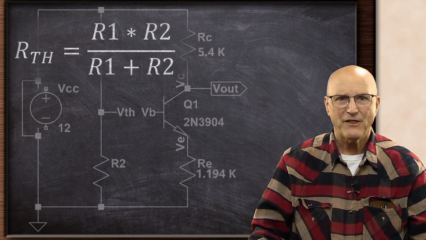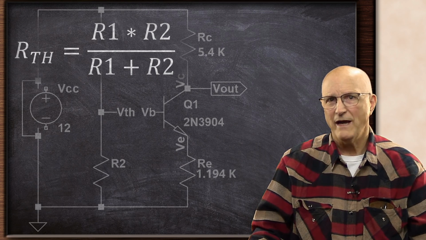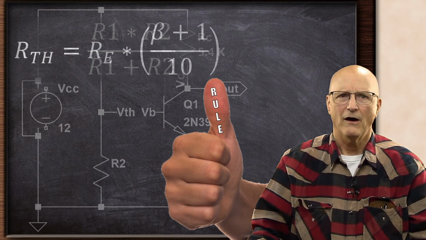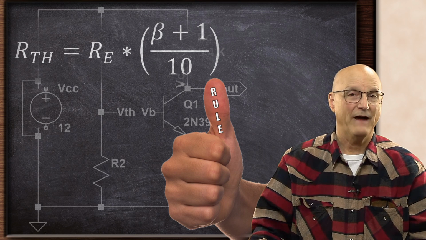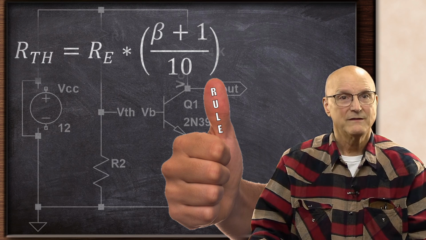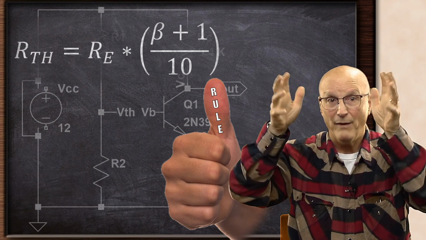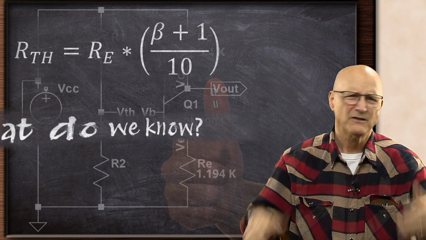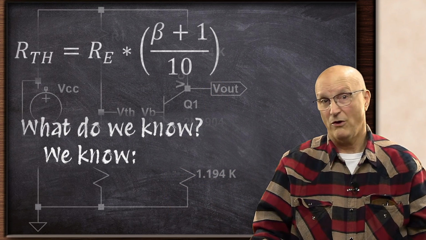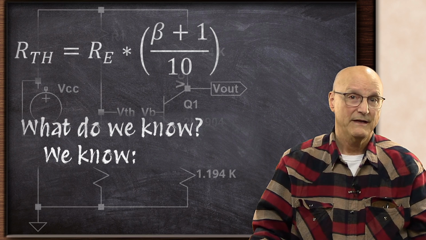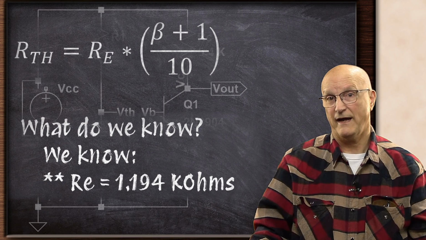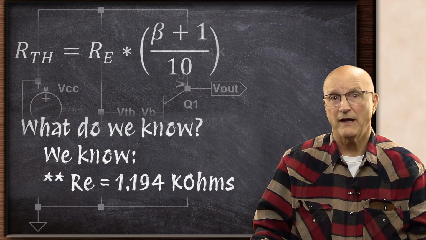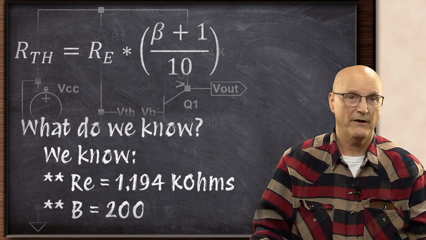It is with this Thevenin equivalent resistance that we get to apply our second rule of thumb, which states that R Thevenin is equal to the value of the emitter resistor times the quantity beta plus 1 divided by 10. So what do we know? Well, we know the value of the emitter resistor is 1.194 k ohms from our calculation. And we know that the DC current gain of our transistor, beta, is 200.